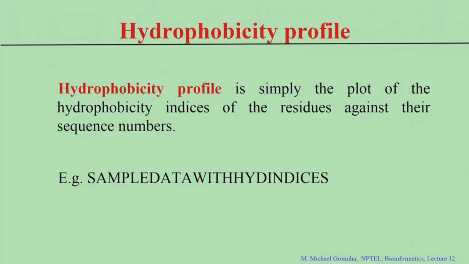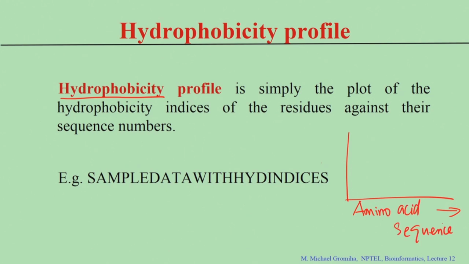So, what is a hydrophobicity profile? The name itself tells us it is the plot of the hydrophobicity indices versus the amino acid sequence. For example, if you take any protein sequence, you can make a 2D plot. On the x axis we put the amino acid sequence, and on the y axis you write the hydrophobicity.